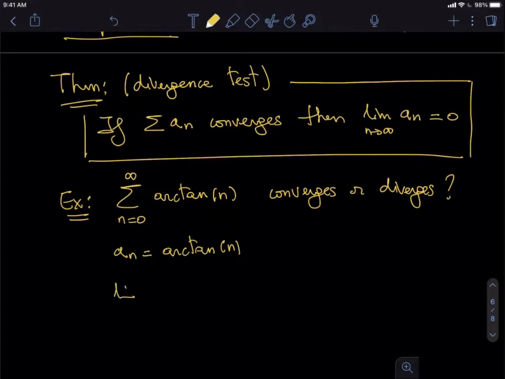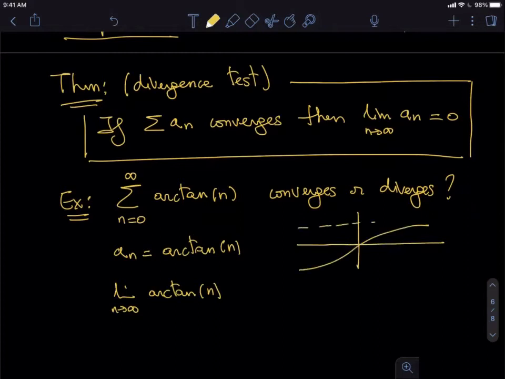And the limit as n tends to infinity of the arctangent, remember the graph is like this. It has horizontal asymptotes at pi over 2 and negative pi over 2. So as we go to infinity, the limit is going to be pi over 2, which is clearly different from 0.